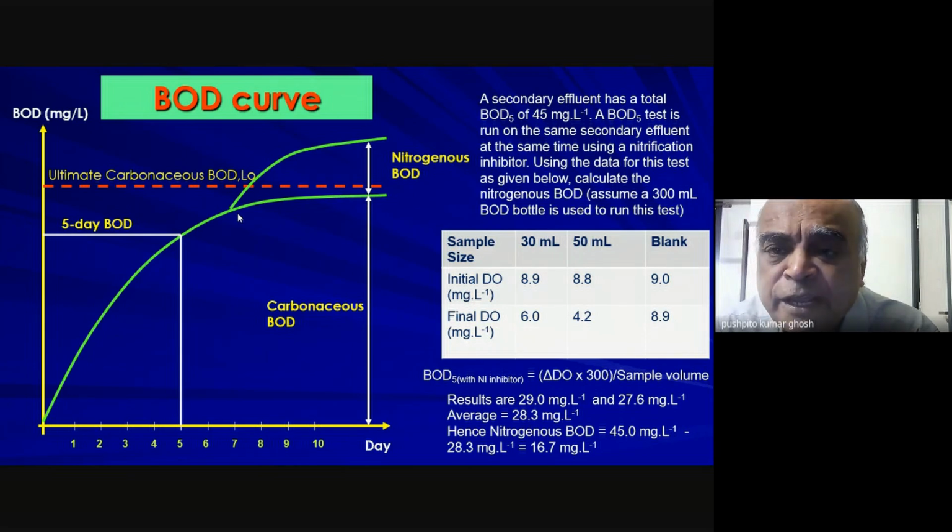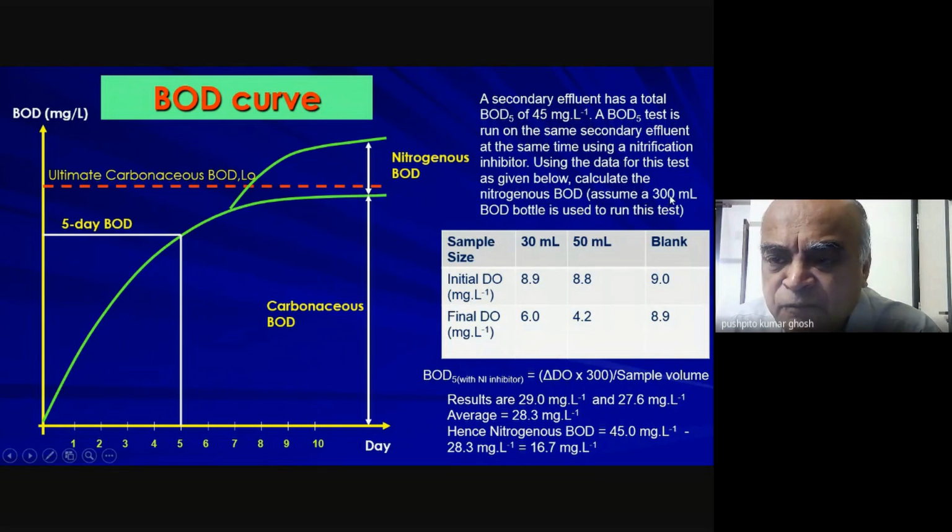So obviously, if I now measure the BOD5 in the presence of a nitrification inhibitor, then naturally my BOD will be less than the total BOD. Let's say they've done this for two sample sizes, 30 ml and 50 ml, and the total bottle volume is 300 ml. So you can understand the dilution factor.